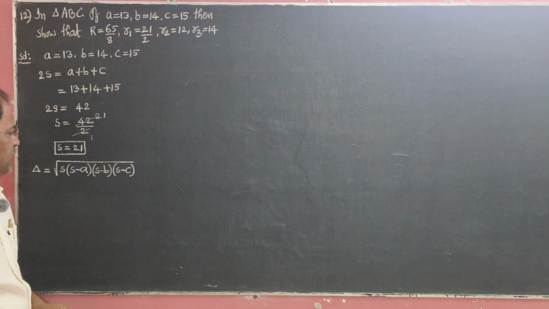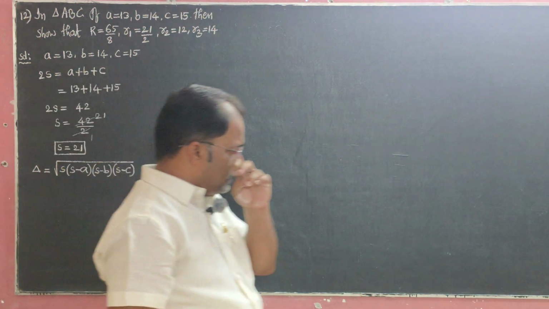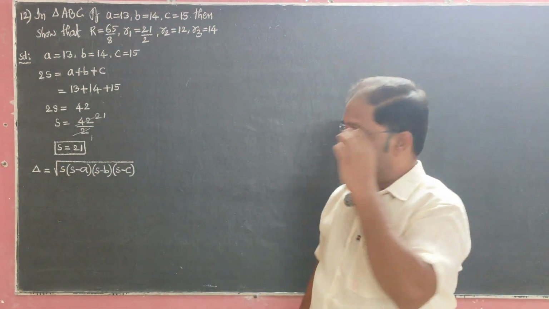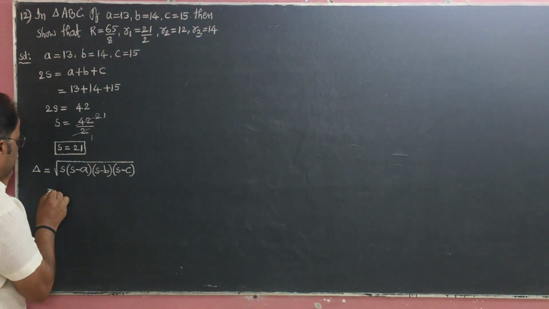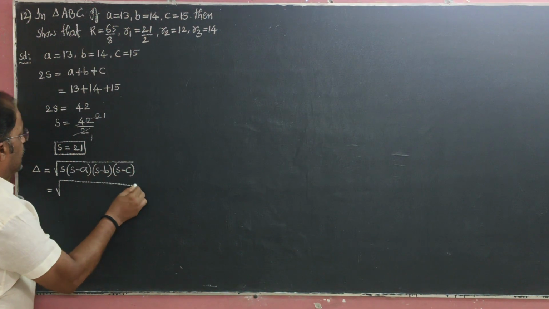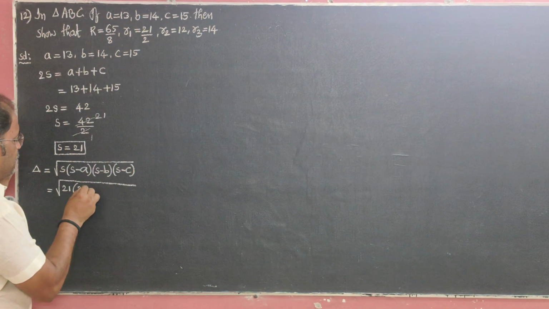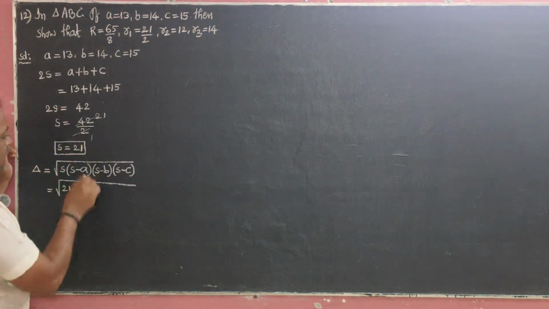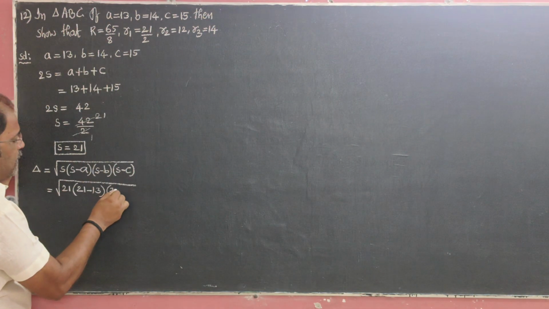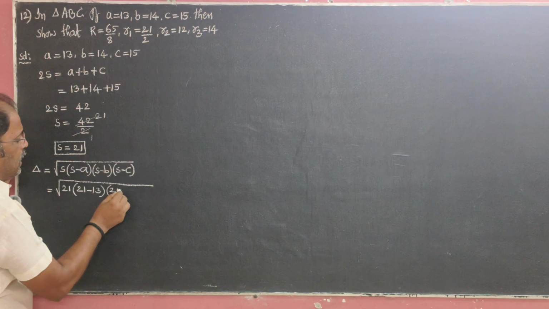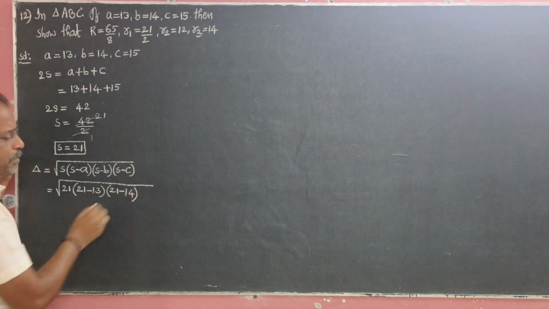Substitute the s value and a, b, c values. The s value is 21, and s minus a means 21 minus the a value, 13. Then s minus b is 21 minus the b value, 14.